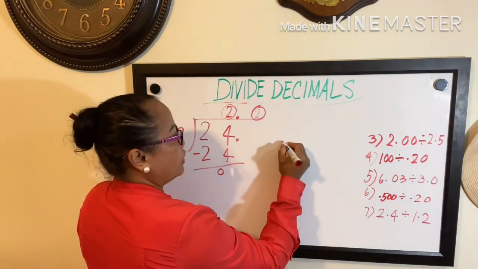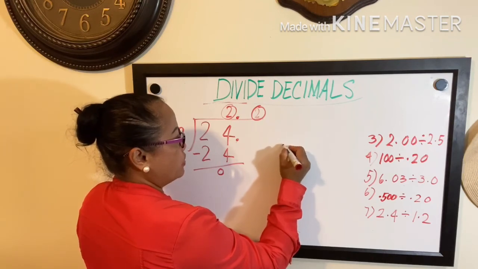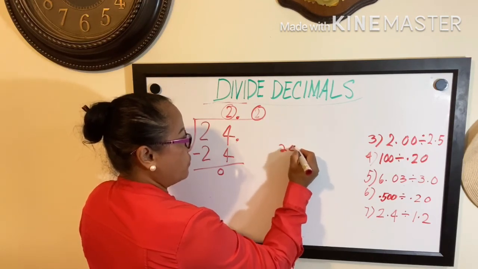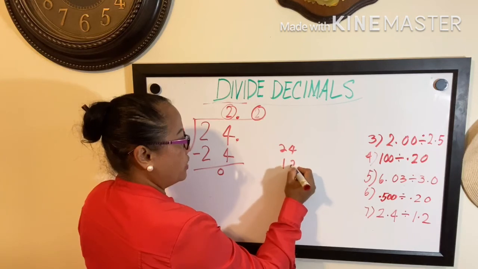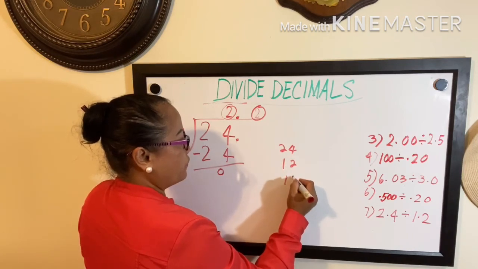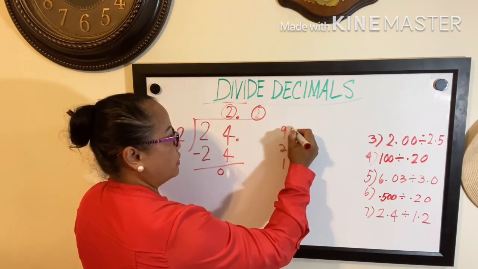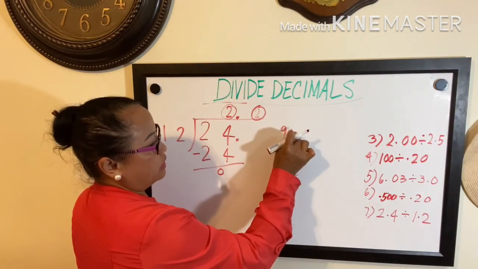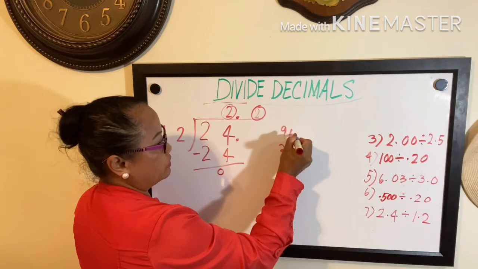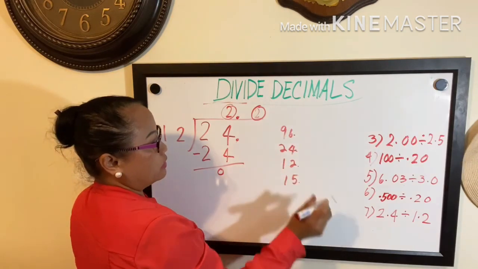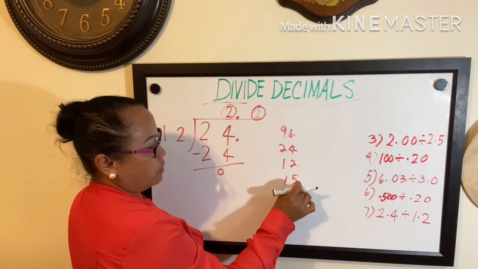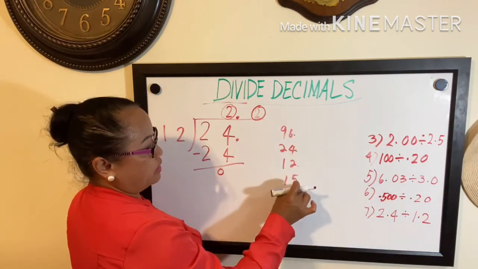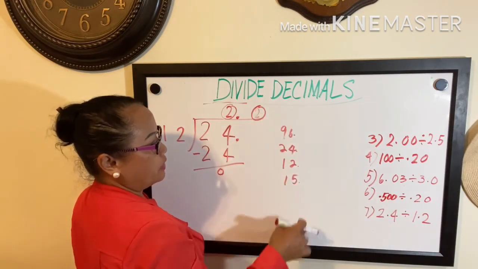Remember, for a whole number like 24, 12, 15, 96, the decimal is here at the right side, you know. That's the whole number, the decimal is considered to be at the right side after the number.